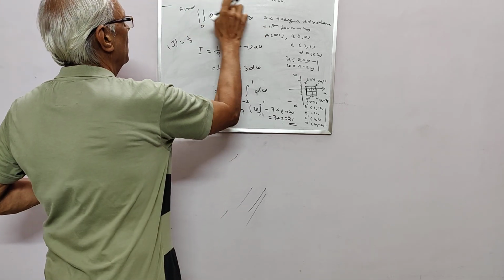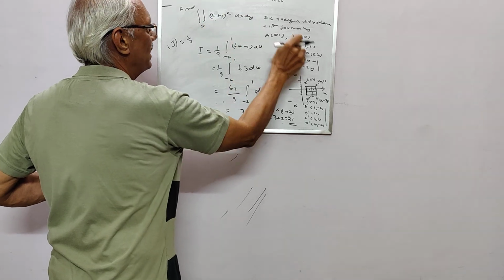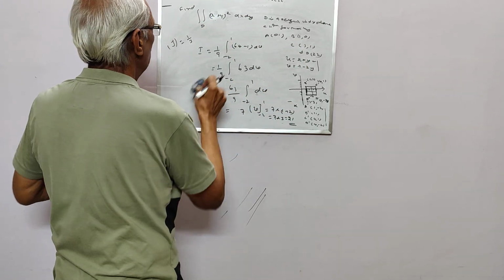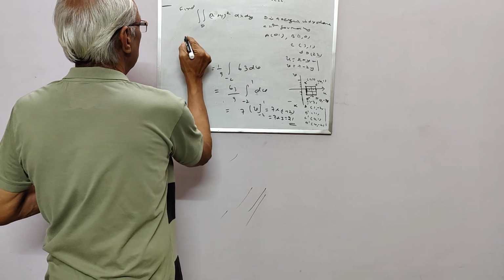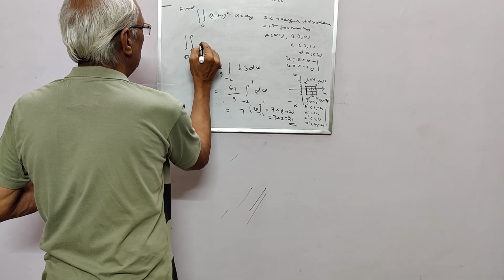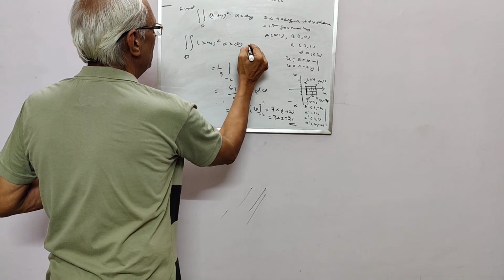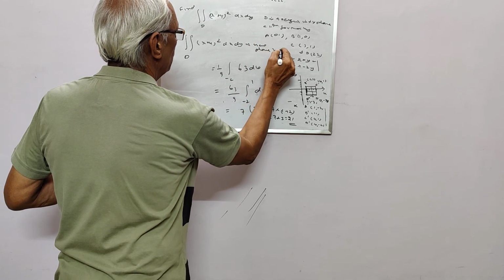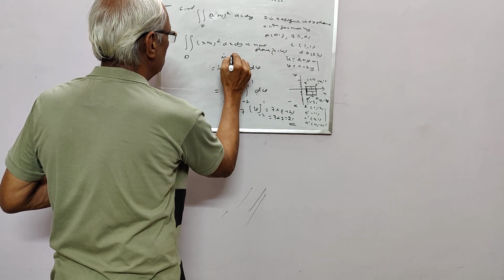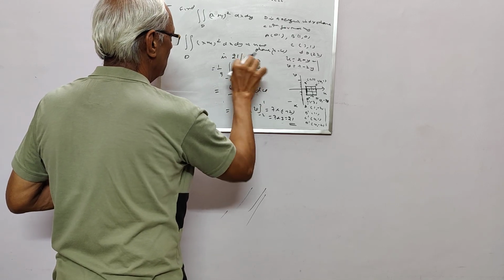The value of this multiple integral on giving a transformation is 21. So what is the final result that we can write here? So this double integral of (x plus y) whole square dx dy in the new uv plane is 21. Answer.